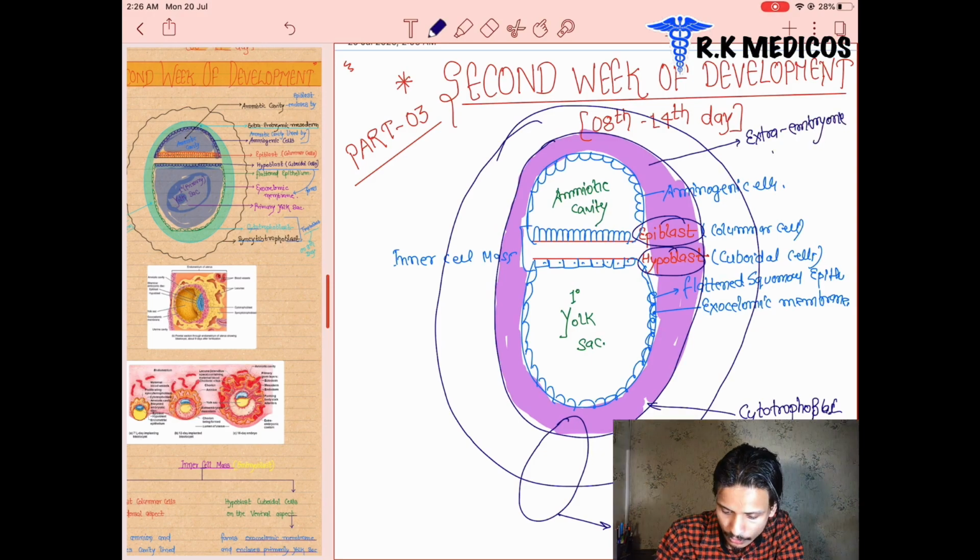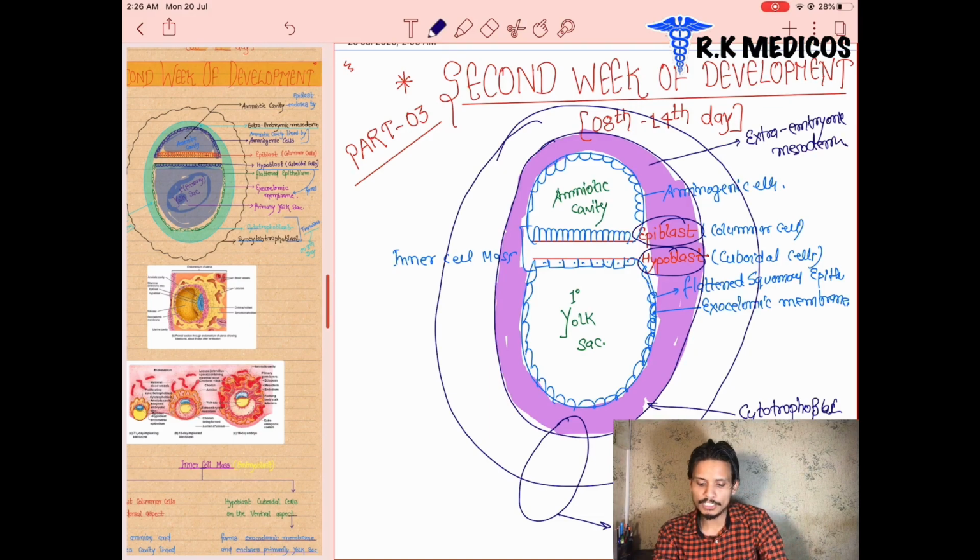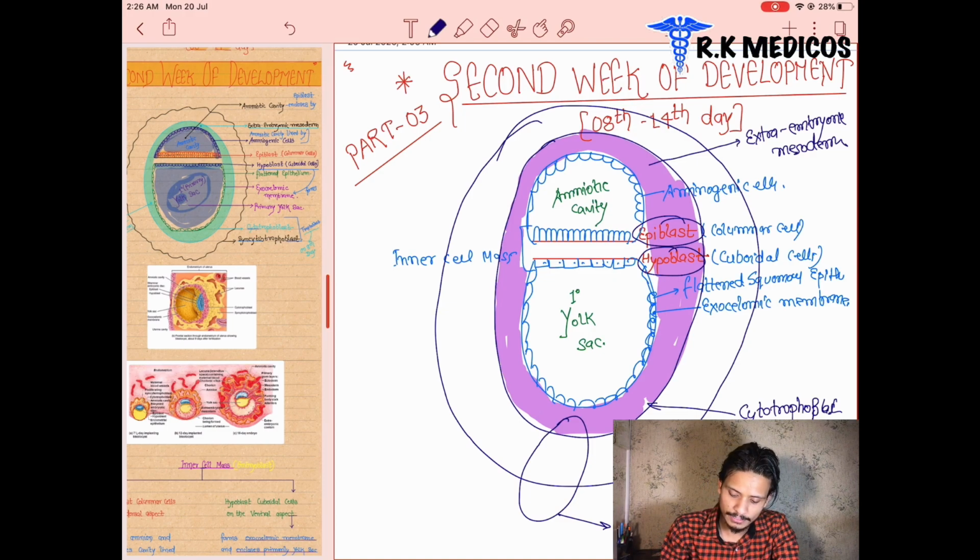Extra embryonic mesoderm. So where is the extra embryonic mesoderm present? It is present between the inner cell mass, which is the epiblast and hypoblast combined, and the cytotrophoblast of the trophoblast layer. So this is the extra embryonic mesoderm cavity, or the extra embryonic mesoderm part.